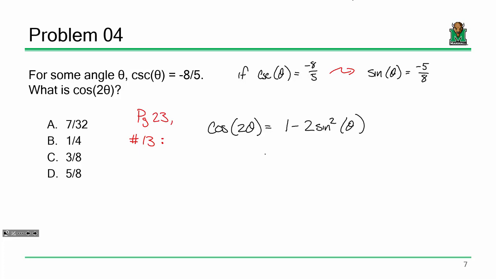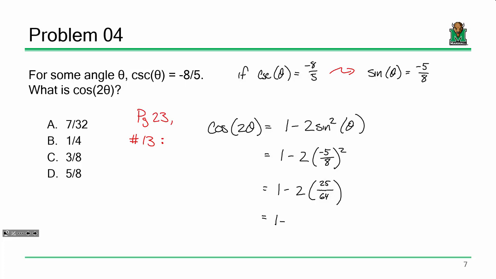Right? So this is 1 minus 2 times -5/8 squared, right? Which is 1 minus 2 times 5 times 5 is 25 over 8 times 8 is 64. I'm sitting here saying it and I'm not writing it. So that's going to be 1 minus, and then if I've got 2 times 25 over 64, the 64 can cancel and leave me what, 32?